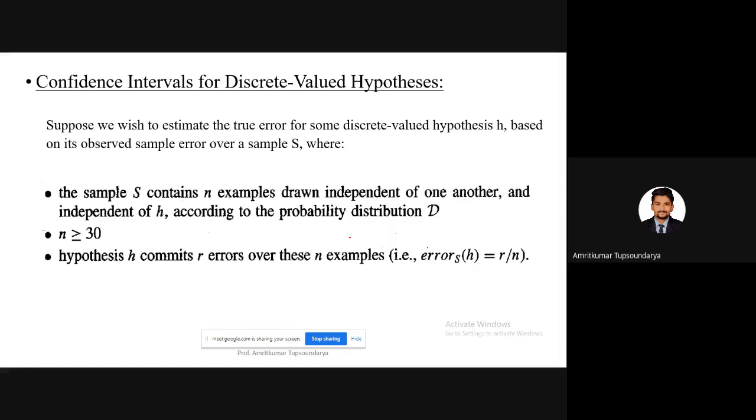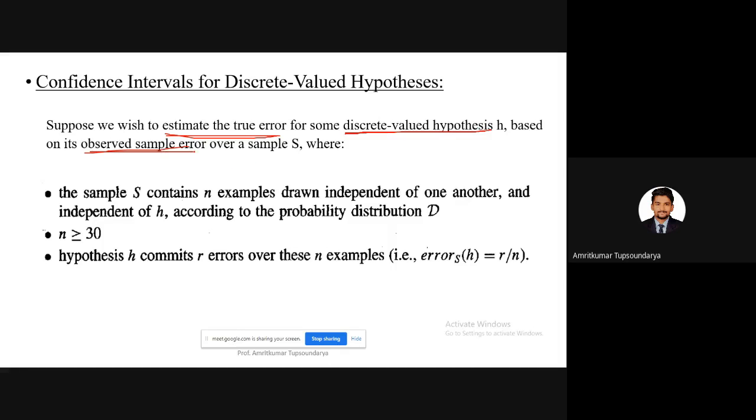In order to understand that, let us first suppose we wish to estimate the true error for some discrete valued hypothesis h. This estimation of the true error for this discrete valued hypothesis h is based on its observed sample error.